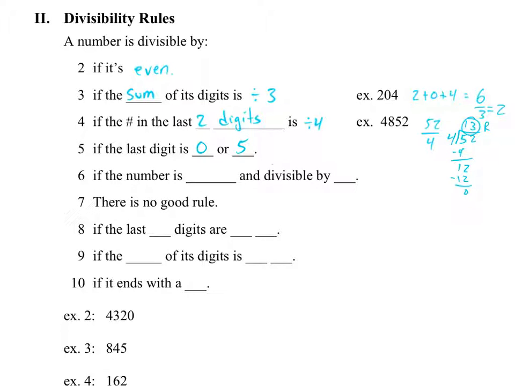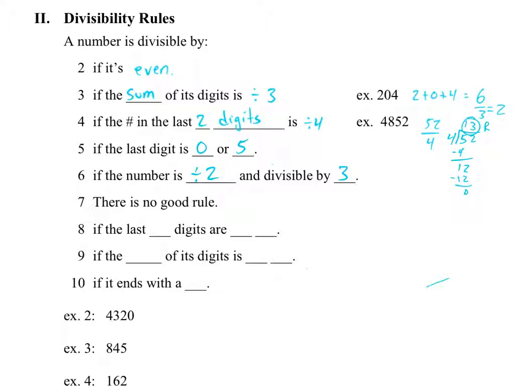Number 6. 2 times what is 6? 3. So because 2 times 3 is 6, if a number is divisible by 2 and divisible by 3, it's going to be divisible by 6. We could maybe shorten that a little bit.